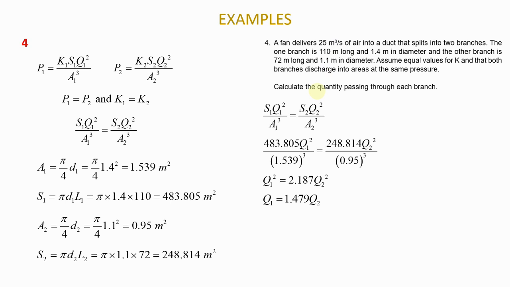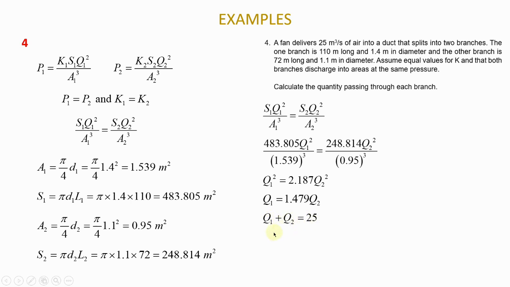Which means that if you take the quantity that went into one branch plus the quantity that went into the other branch, what you should get is 25, because that is what was split into the two directions. It means Q1 plus Q2 is equal to 25.